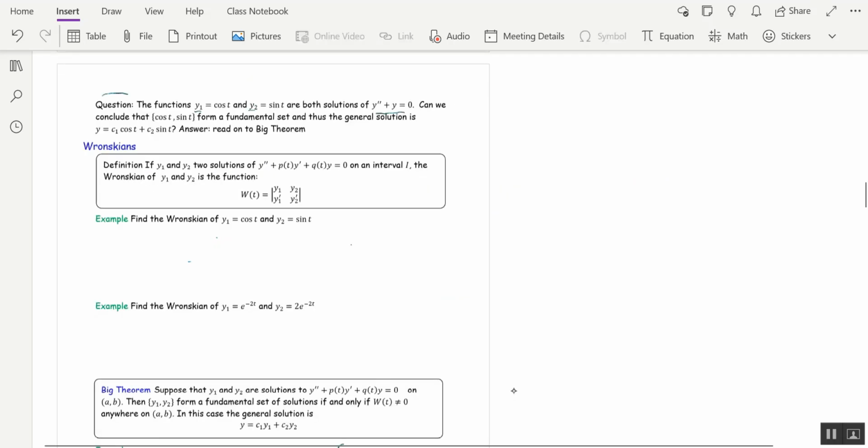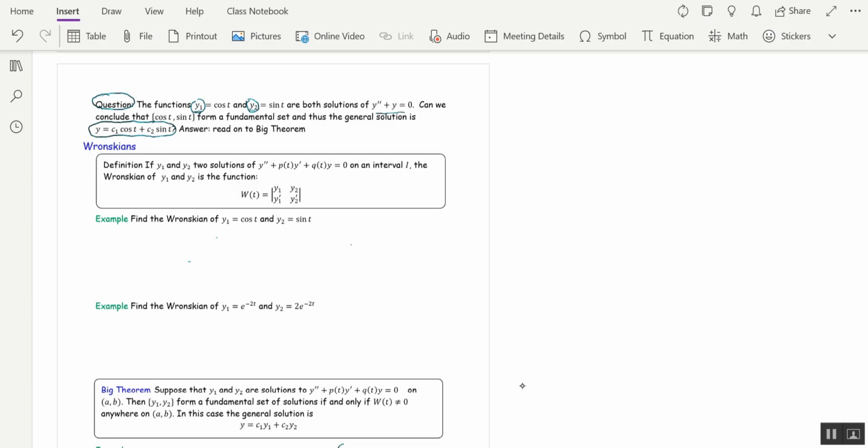Okay, so a big question is, if you have two solutions, y1 and y2, of a second order homogeneous linear differential equation, when do you know that C1y1 plus C2y2 forms the general solution? And to answer that, first we need to define what a Wronskian is.